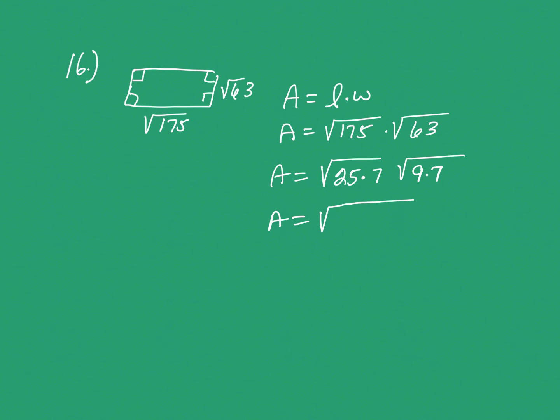So you actually have the square root of 25 times 49 times 9, which is 5 times 7 times 3 when you find the square root. So 5 times 7 is 35 times 3 gives you 105 inches squared. Now, some of you have told me, well, can't you just multiply and find the square root? You can do that too.